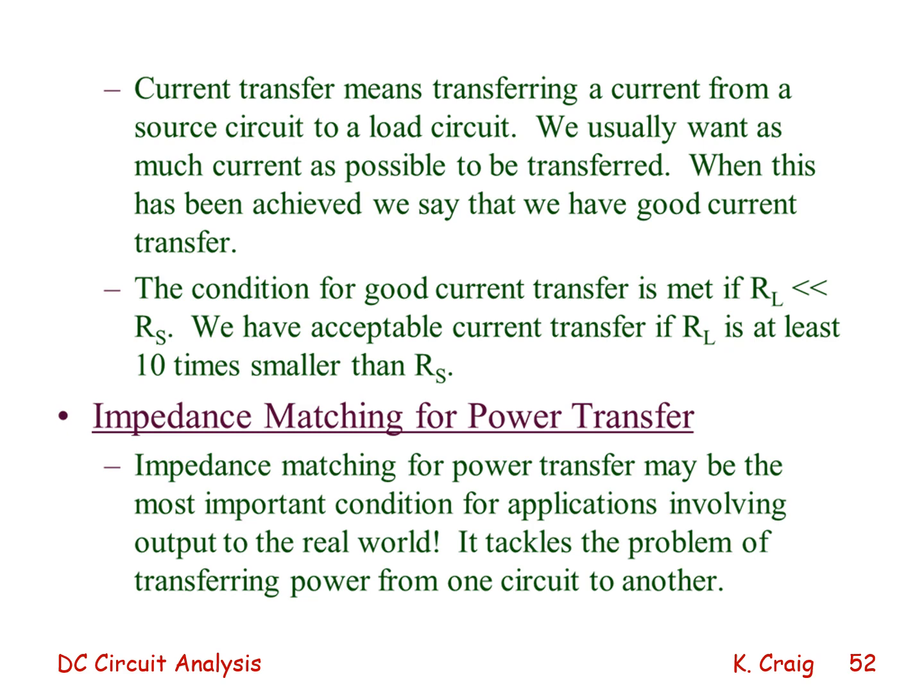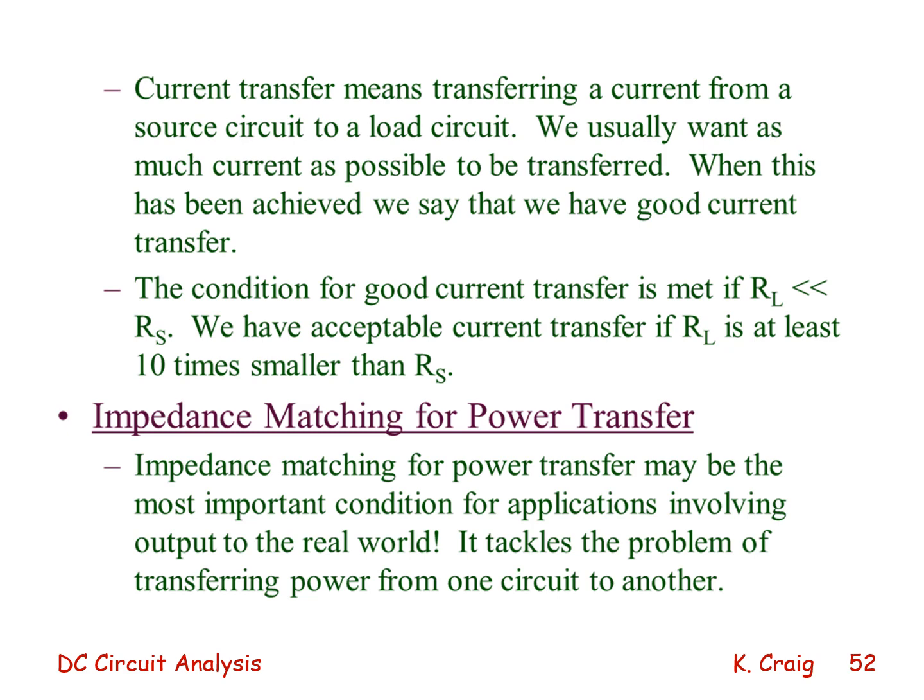When this has been achieved, we say that we have good current transfer. The condition for good current transfer is met if the load resistance is much, much less than the source resistance, or if the load impedance is much, much less than the source impedance. We have acceptable current transfer if the load resistance is at least 10 times smaller than the source resistance.